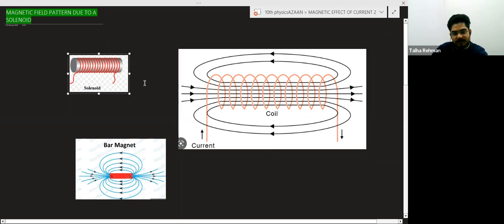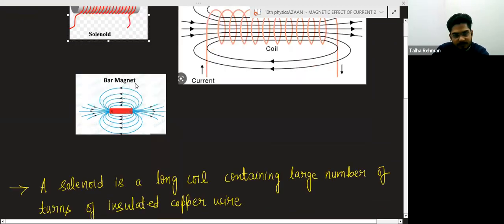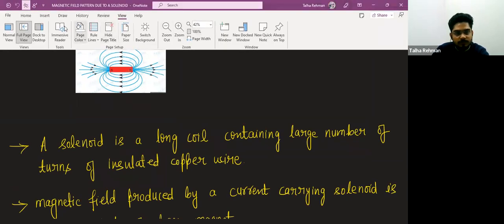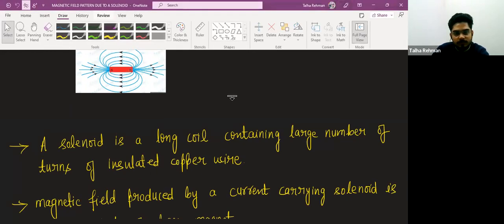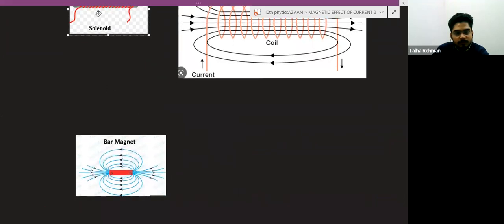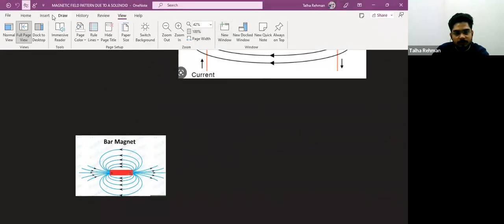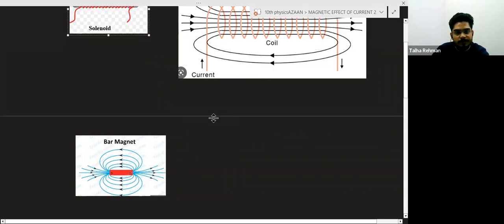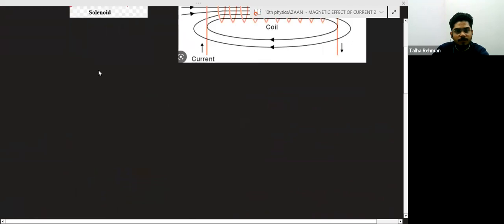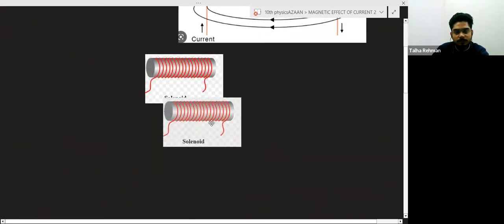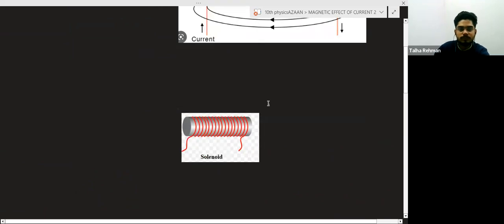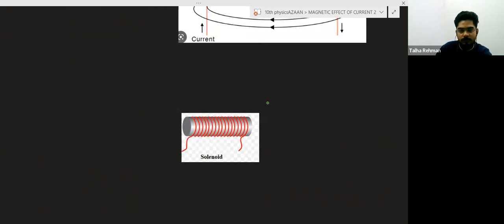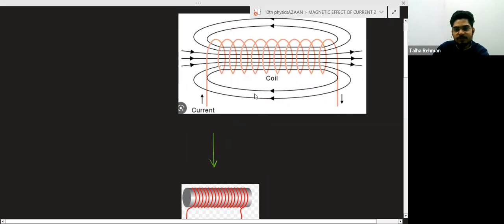To increase the magnetic field strength of the solenoid, you can insert a core in this. So it will be like this. Basically this is a solenoid with core, and this is a solenoid without core.